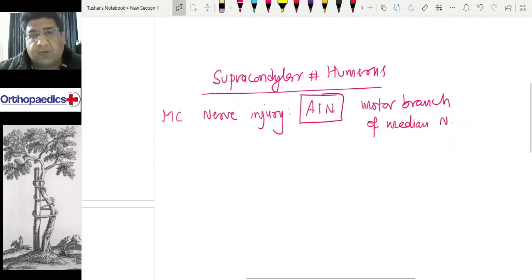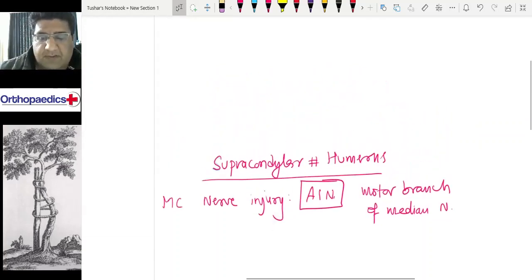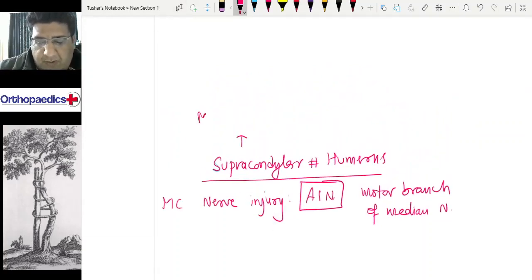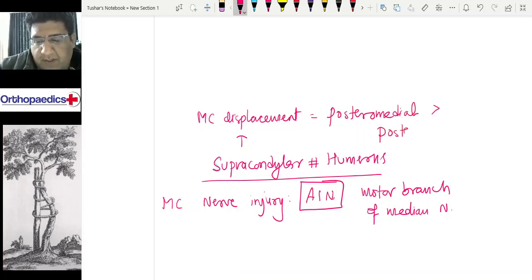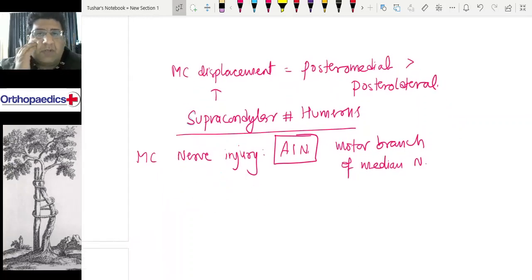Now, the most common displacement is posteromedial followed by posterolateral. And when we talk about the nerve injury, the most common nerve injury is the anterior interosseous nerve.